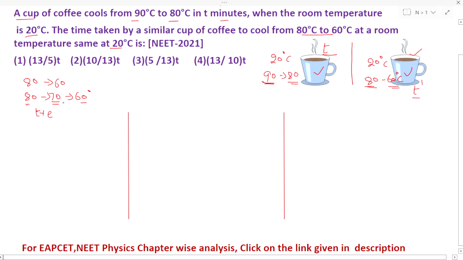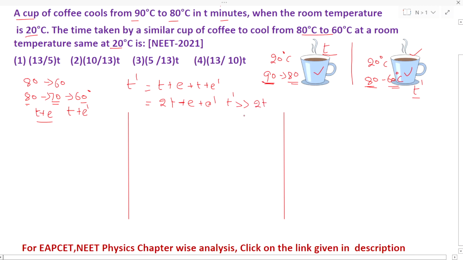Still the temperature difference between the coffee and the surrounding is less. That means it takes more time than t plus e, that is t plus e dash. Now let us calculate the total time. The total time t dash will be equal to t plus e plus t plus e dash, that is equal to 2t plus e plus e dash. It is clear that t dash will be greater than 2t.